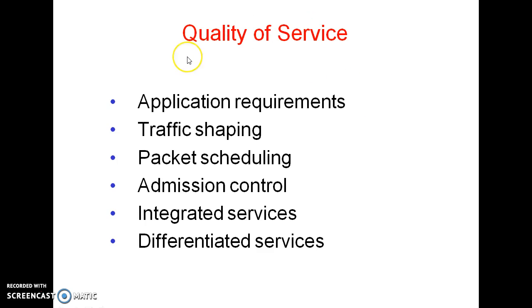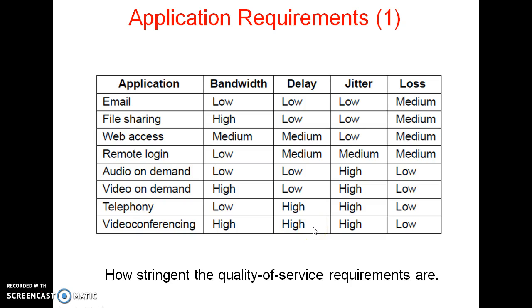Next is the quality of service. It includes application requirements, traffic shaping, packet scheduling, admission control, integrated services, and differentiated services. These are the application requirements based on email, file sharing, web access, remote login, audio on demand, video on demand, telephony, video conferencing.